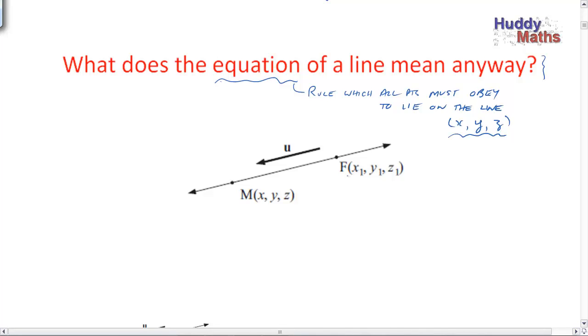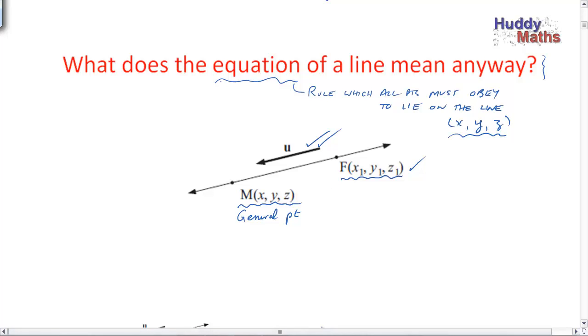And here it is. We might say, well, we're going to fix a point. So here we're going to fix point F, and we're going to give it a direction vector. And we're going to say, what's the rule for this point? Any general point, our point here with x, y, and z in it, might be called our general point. We've got to describe what that general point must look like if it's to lie on the line through this point and in the direction of u.